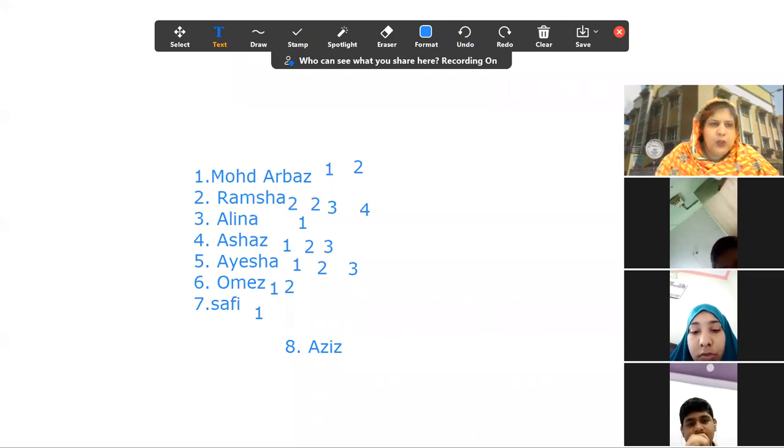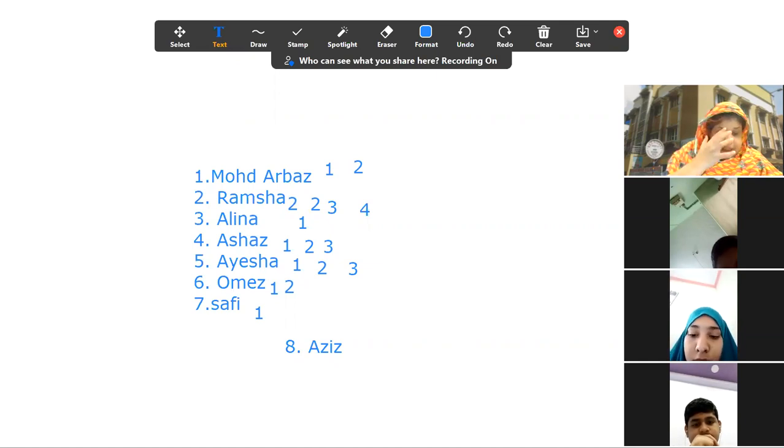Aisha says 1 gram of glucose gives us energy. Or what is the next answer? Ramsha says protein and fat. Protein and glucose is the option, not protein and fat.